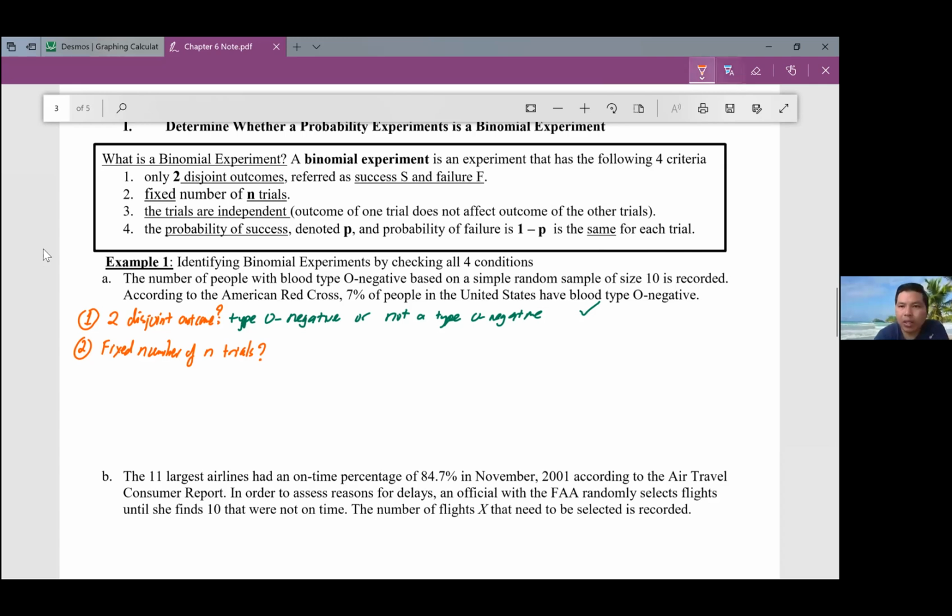Yes, they did it 10 times. The sample size of 10, so therefore it's fixed. So also good. All right, moving on to number 3.